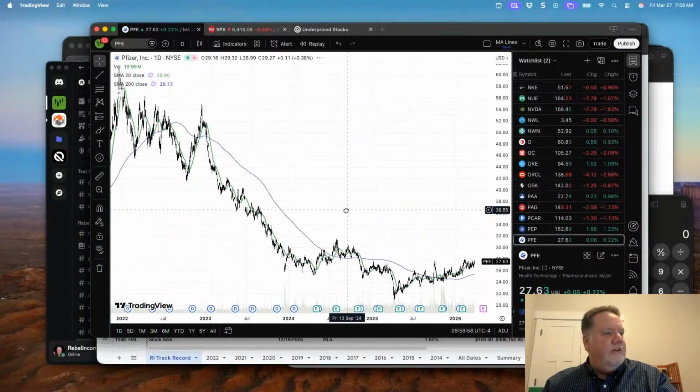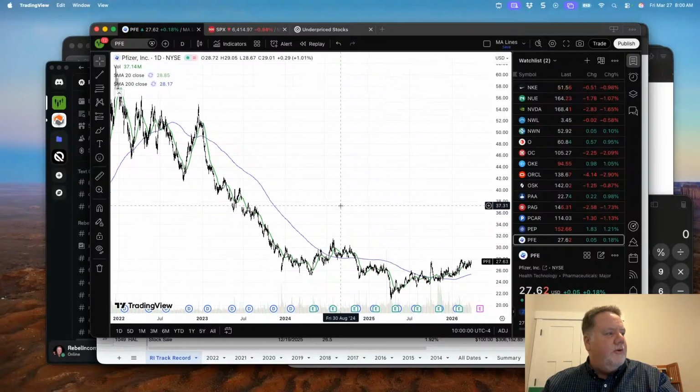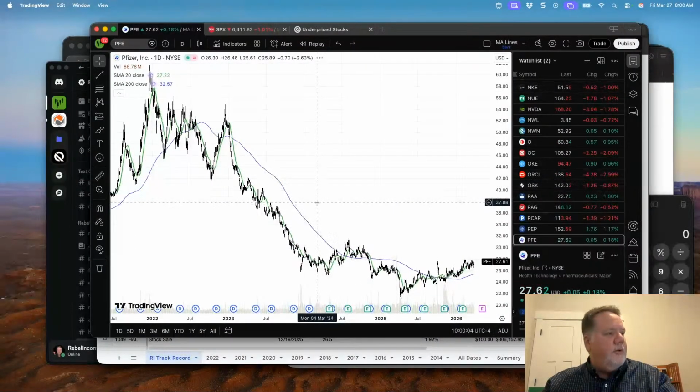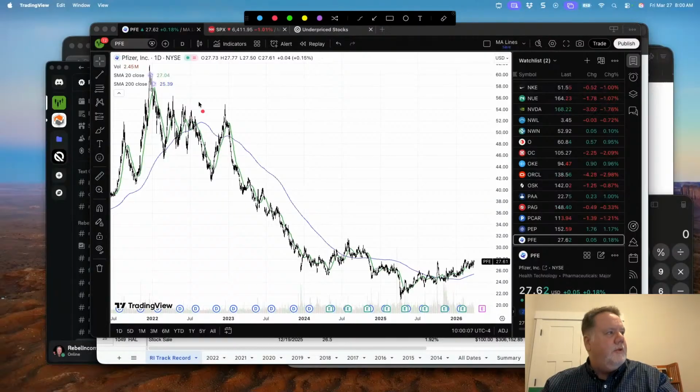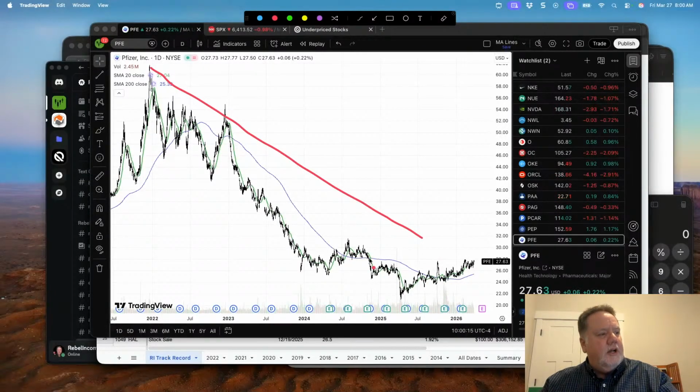Look at the way that this thing has moved all the way since early 2022. We have a peak all the way up here in the $60 range, and then it started to fall, and it's only been doing that ever since.